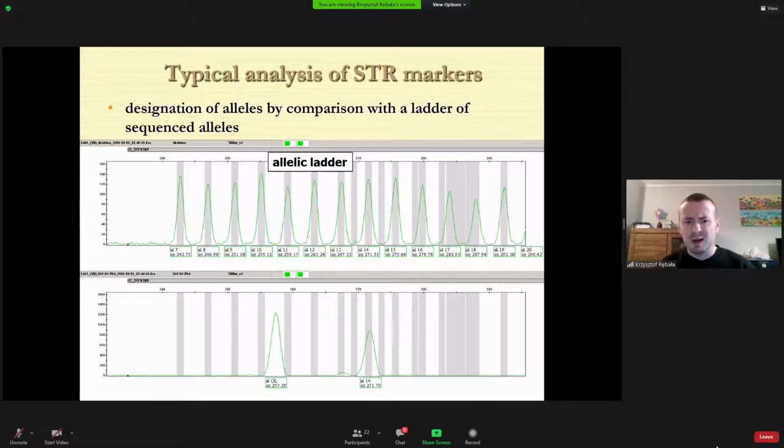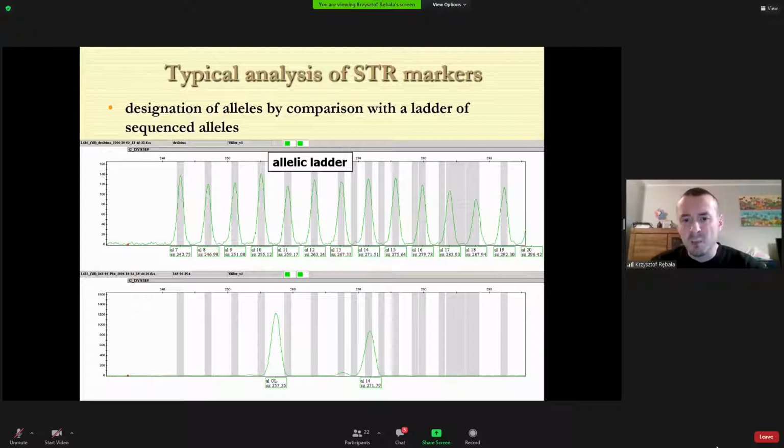The alleles are called by comparison to an allelic ladder, which is a mixture of alleles found in the population. They are sequenced, and so we know how many repetitive units are present in each allele. For example, this is allele 14, so we know that there are 14 repetitions of a unit.